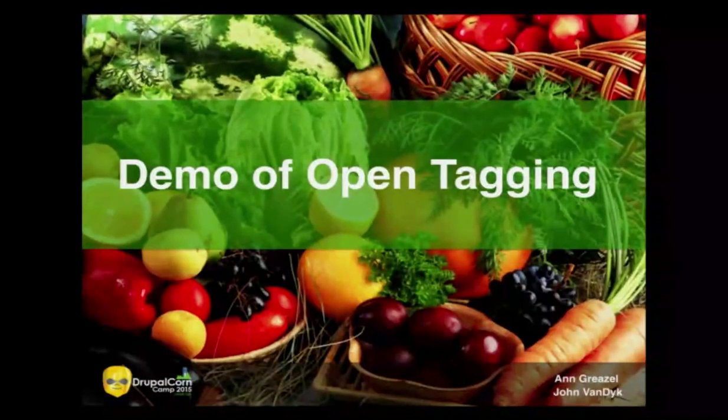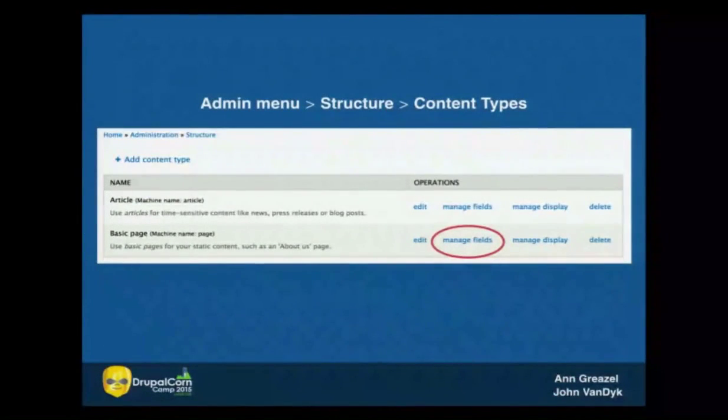Okay. So now what we're going to do is give you a demonstration on open tagging. Essentially, we're going to go through the same steps to create the vocabulary on the content type. Go ahead and add the taxonomy on the content type. So we go to Manage Fields for basic page.